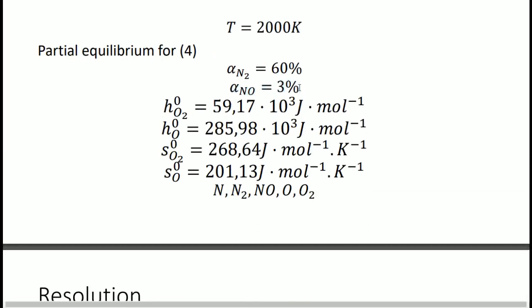So we suppose that the 3% stay in the reactor, and that what is produced is expelled into the air, which is coherent because usually you work with a continuous flow.